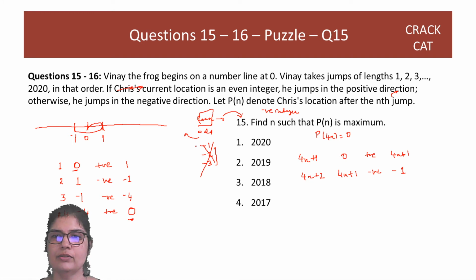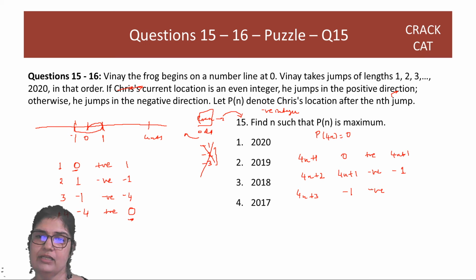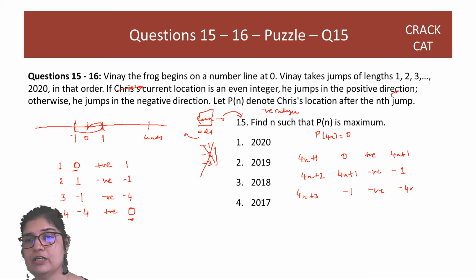Let me just do it on the number line. Now 4n plus 1 is on the positive side, then for 4n plus 2 you have to go back, so you will always land at -1. Now when you are jumping 4n plus 3, -1 is odd, the direction is negative, you will jump back by 4n plus 3, so you are now going to be at -4n minus 4.